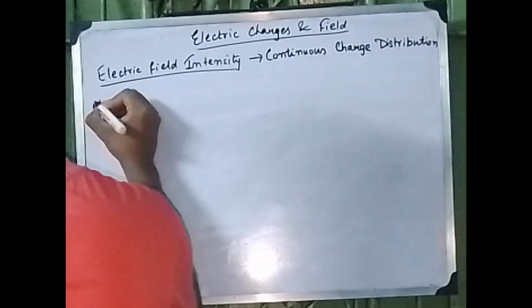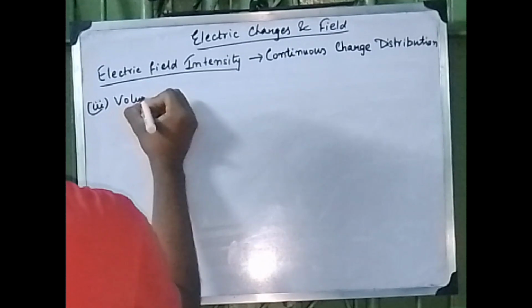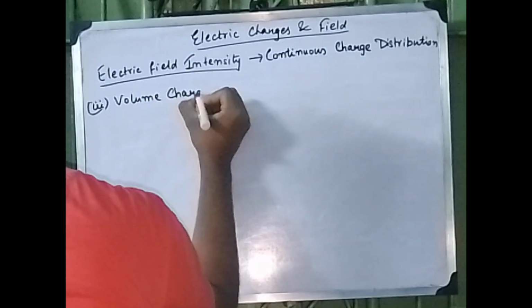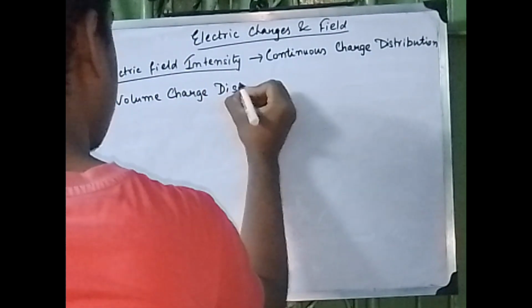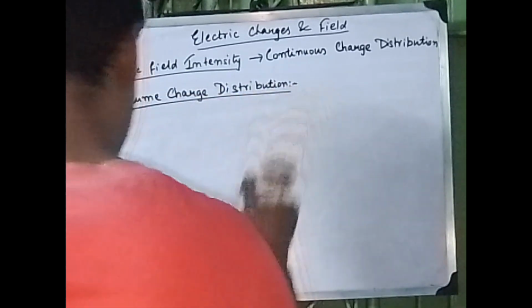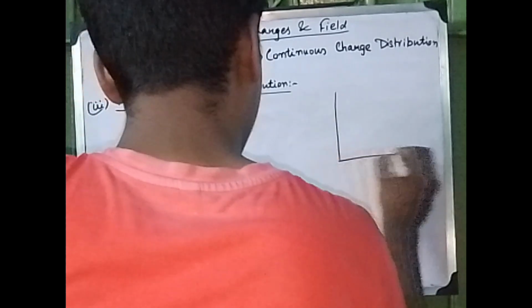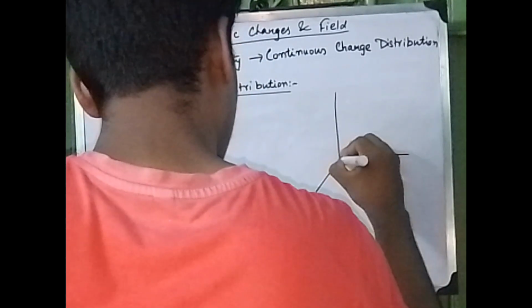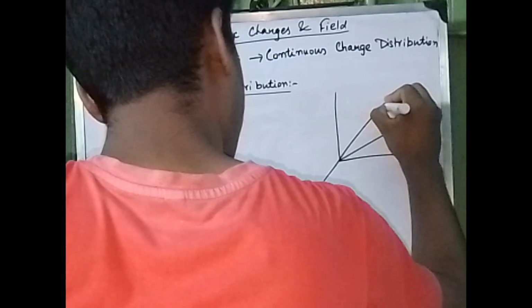Now let's move on to our last type of charge distribution, which is also known as volume charge distribution. Again, to understand this, we have to draw the diagram first.